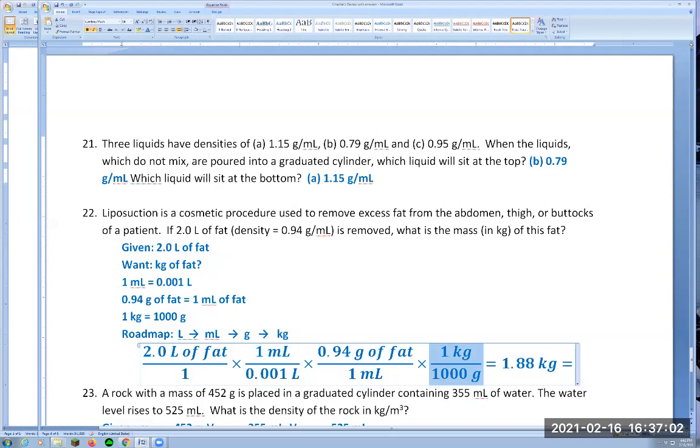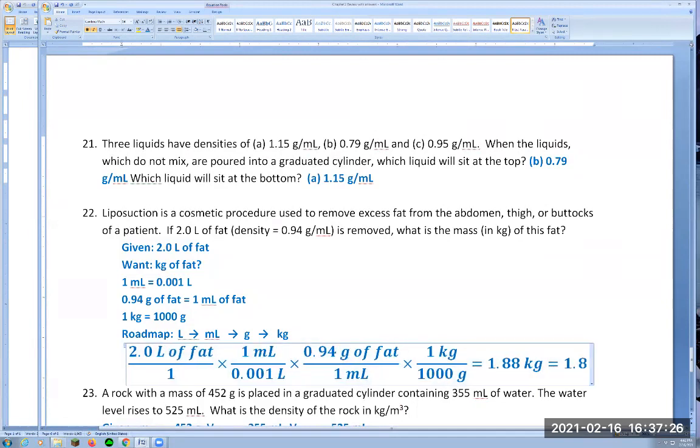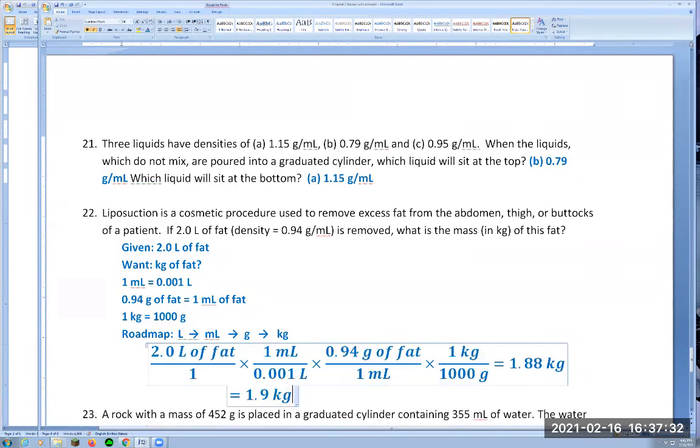These are exact. 1 milliliter here for the density is exact, but the 0.94 is measured. And we have 2 sig figs there, the 9, the 4. So we have 2 sig figs in both given measurements here. So we need to keep 2 sig figs, and it's 1.8. What comes after the 8 is another 8. So the 8 has to be rounded up to a 9, and then kilograms.